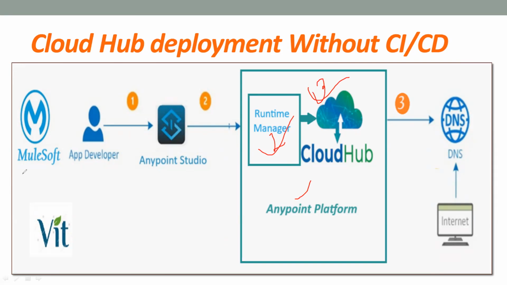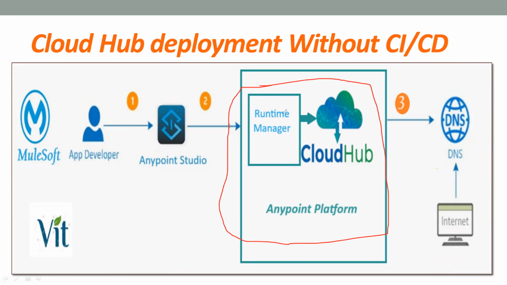Then if you observe CI/CD, there is CloudHub, but we are not going to log in to Anypoint Platform and we are not going to configure these things in Runtime Manager.